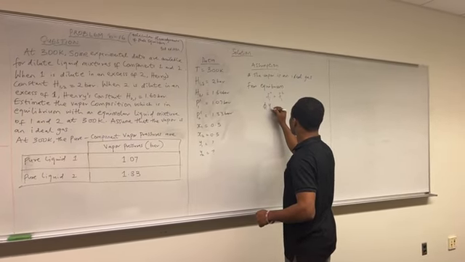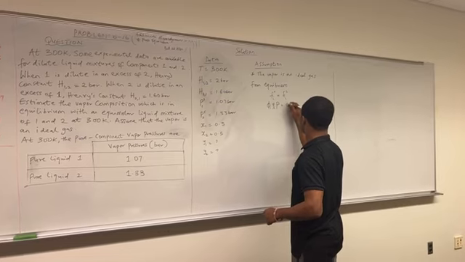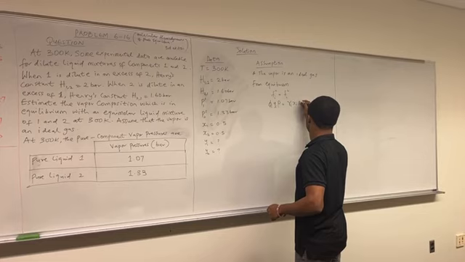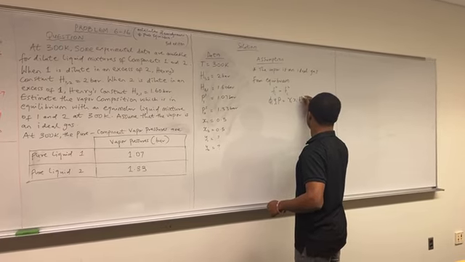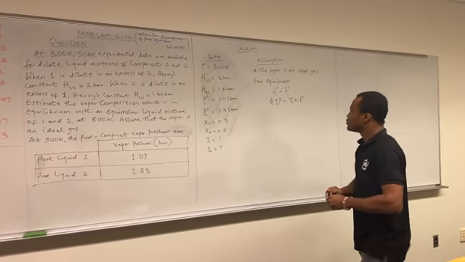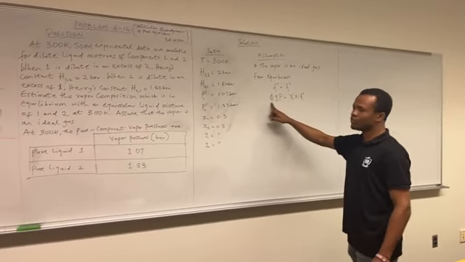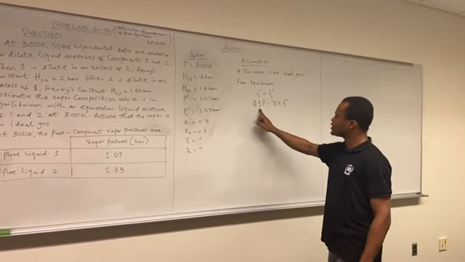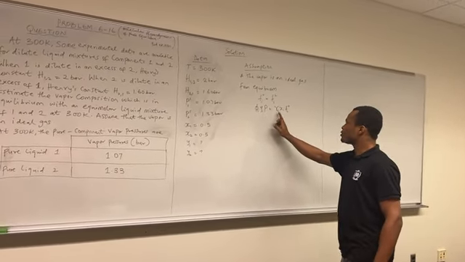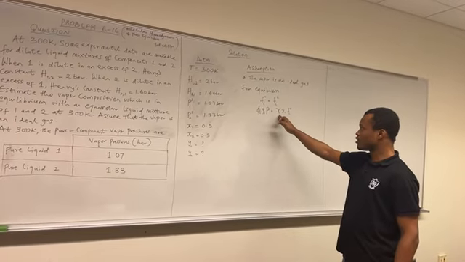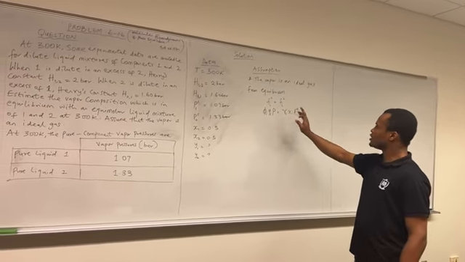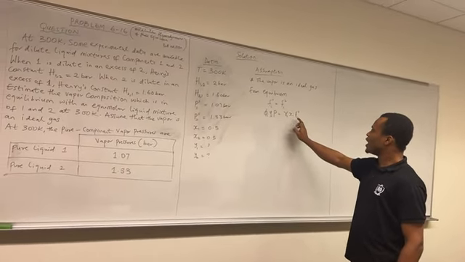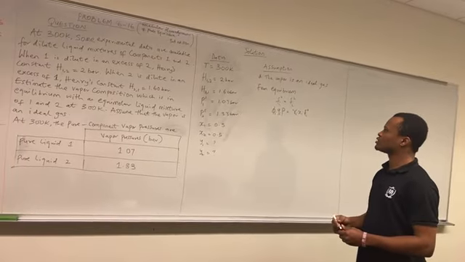phi_i y_i P equal to gamma_i x_i f_i naught. So our phi_i here is the fugacity coefficient of component i, y_i is the vapor composition of component i, and P here is the total pressure. Also here, gamma_i is the activity coefficient of component i, x_i is the liquid composition of component i, and f_i naught is the fugacity of component i at the standard state.